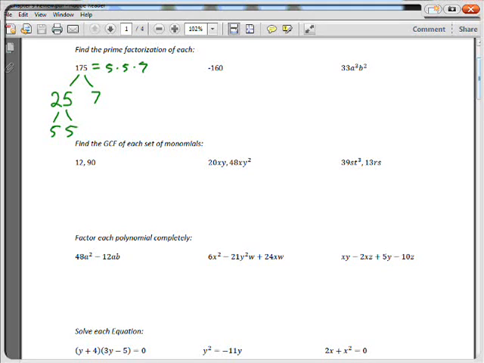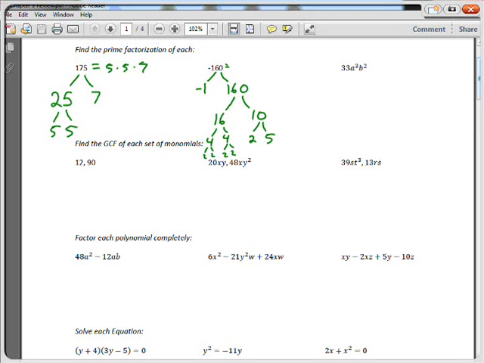Next, negative 160. Remember, if we have a negative number to break down, the first thing we do is change that to a negative 1 times 160. Then 160 can be broken down to 16 times 10. 16 can be 4 times 4, and then 2 times 2. 10 can be 2 times 5.